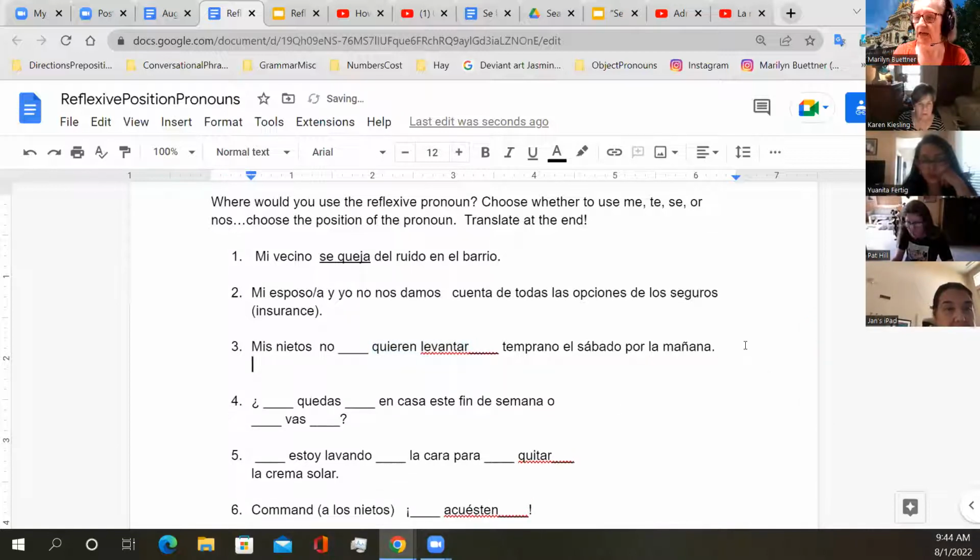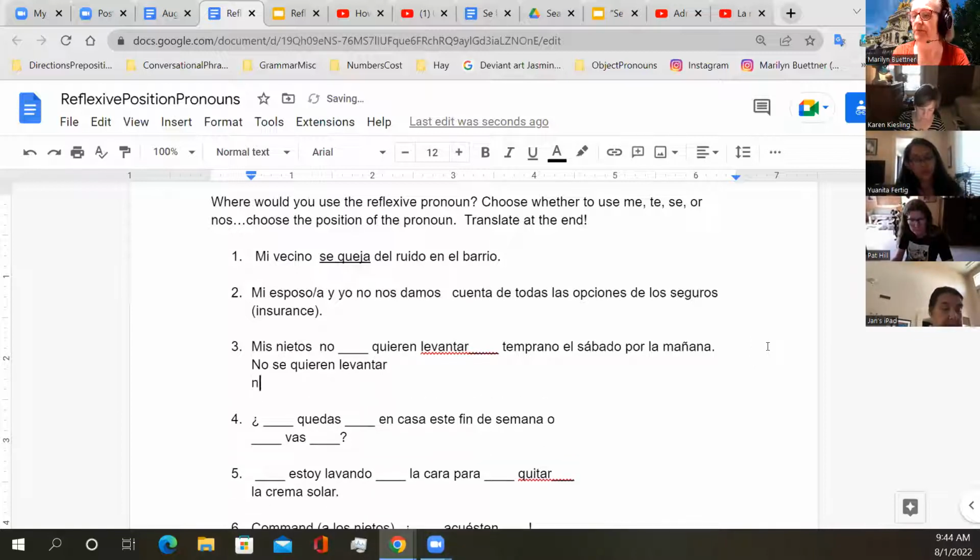It can look like this: no se quieren levantar, or no quieren levantarse. Son iguales. They're equal. I can tag it on to the end of levantarse. Yes, it does actually get attached to the infinitive levantarse. Or I can put it in front of the first conjugated verb. Both ways are correct.